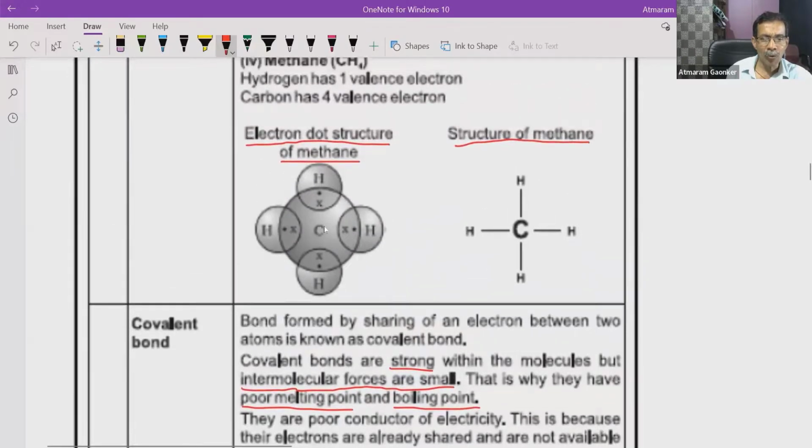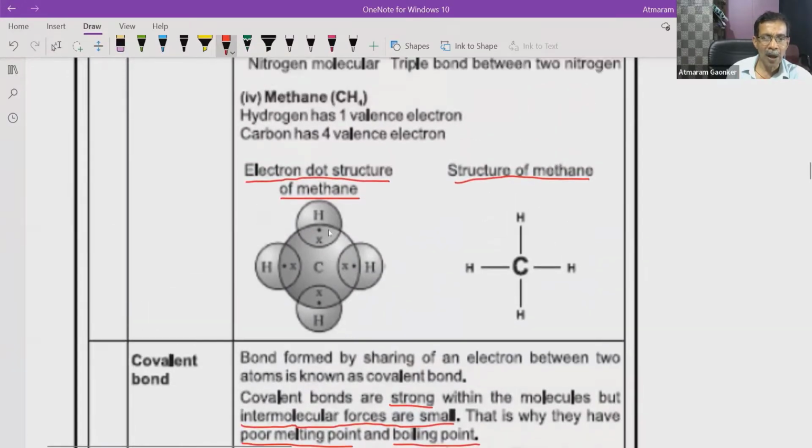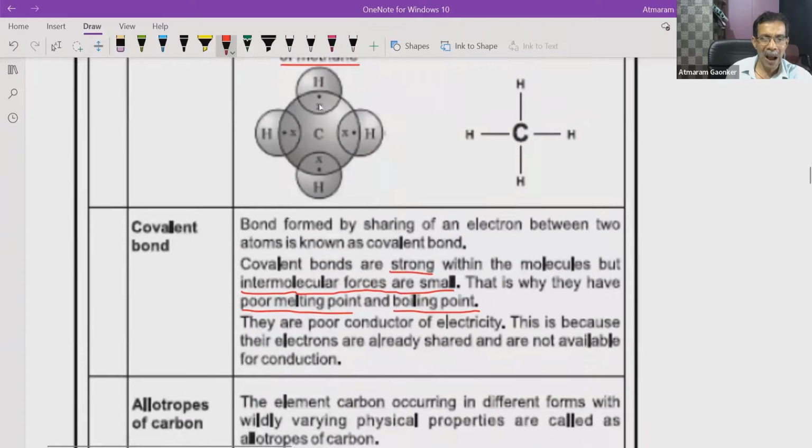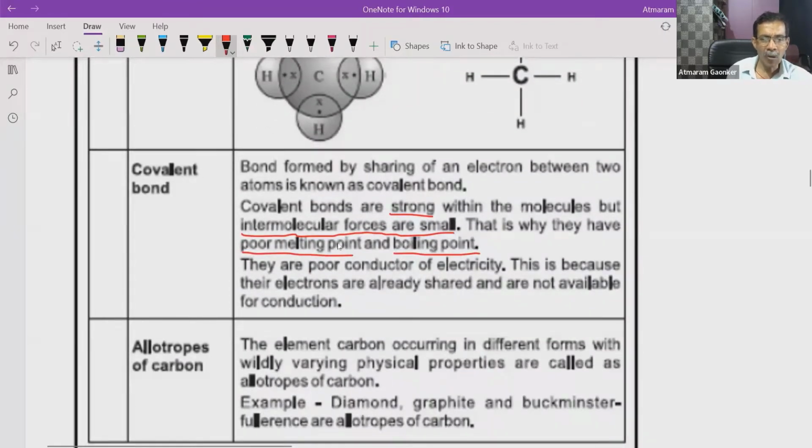Carbon compounds have strong forces within the covalent bond, but poor intermolecular forces. And that is why their melting point and boiling point are low. Also, you have to understand this. They are poor conductors of electricity.